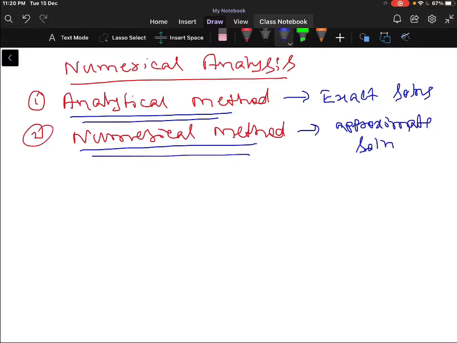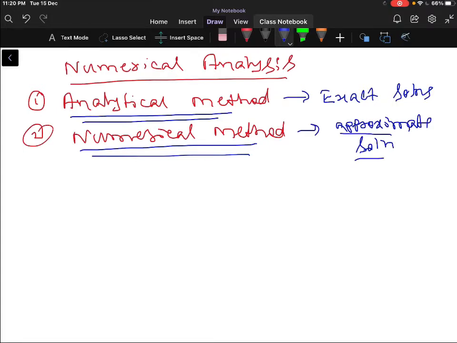Here we can observe that the analytical method gives the exact answer, but the numerical method gives the approximate solution.